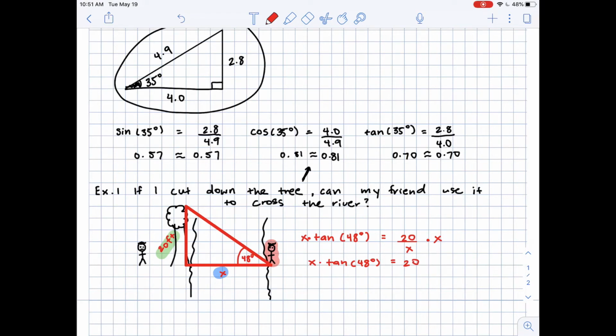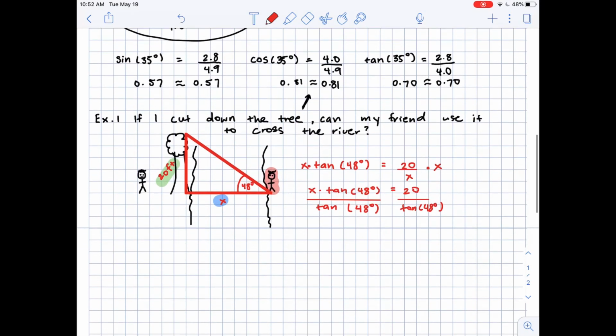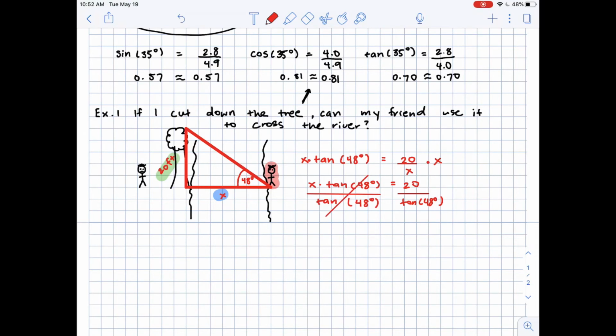Now, to get rid of the tangent of 48 degrees that's connected to the x, we divide. So now those cancel out, and we're left with x equals 20 divided by the tangent of 48 degrees.